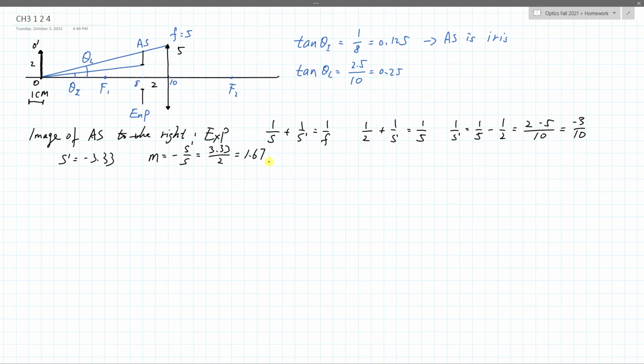All right, so let's draw this. Distance 3.33, so that's the third, and then 1.67, 67% bigger, so 1 turns into 1.67, roughly here.